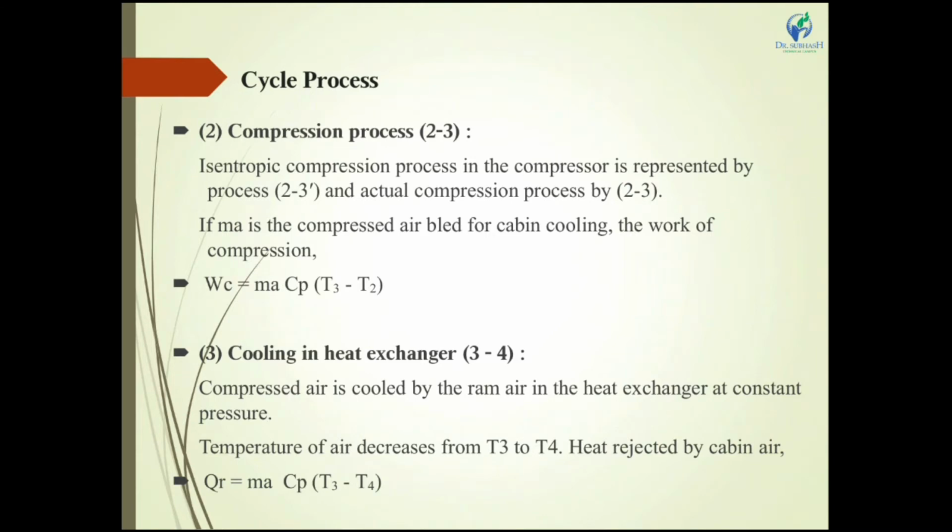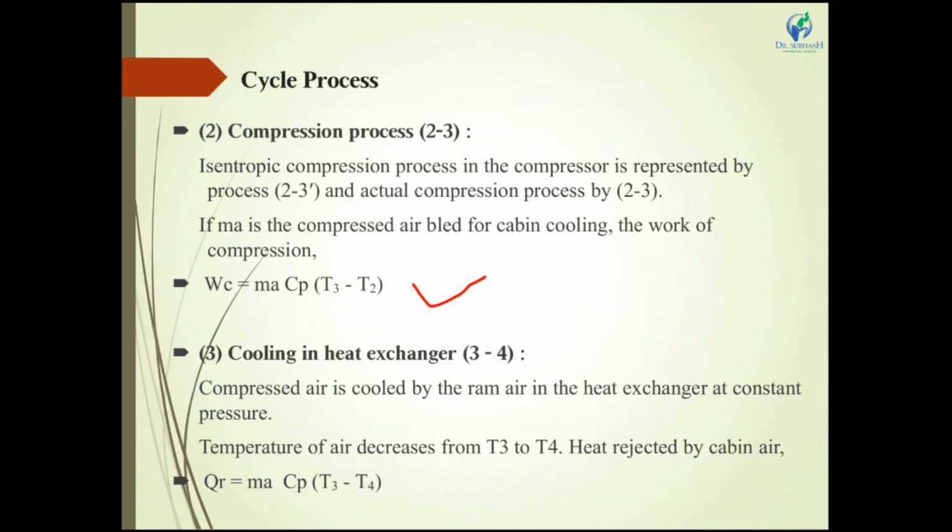The next stage is compression process 2 to 3. Isentropic compression occurs in the main compressor, so we write the equation for this. Work of compression is the mass flow rate Ma times Cp, the specific heat at constant pressure, times the temperature difference between inlet and outlet, T3 minus T2.